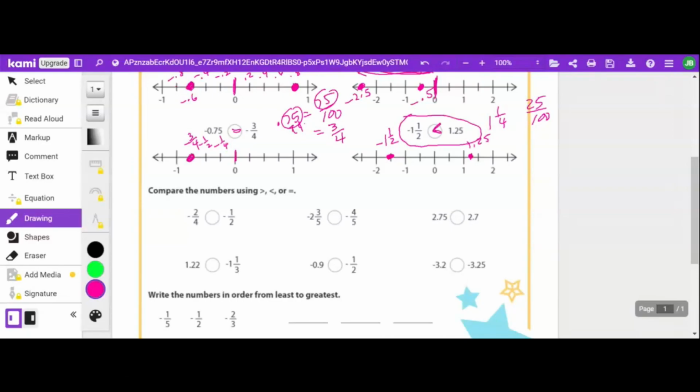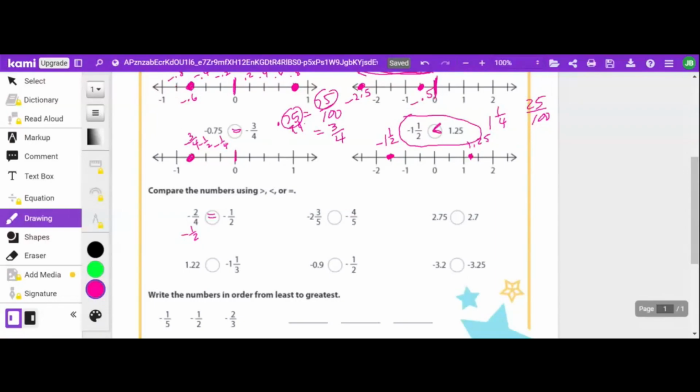Which one can we reduce? Okay, correct. Then negative 2/4 is not reduced. Negative 2/4 is equal to negative 1/2. 2 goes into 2 once, 2 goes into 4 twice. So I have negative 1/2 on this side and negative 1/2 on this side. They're equal.